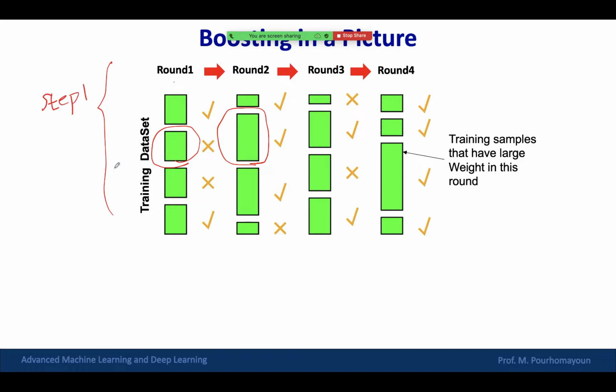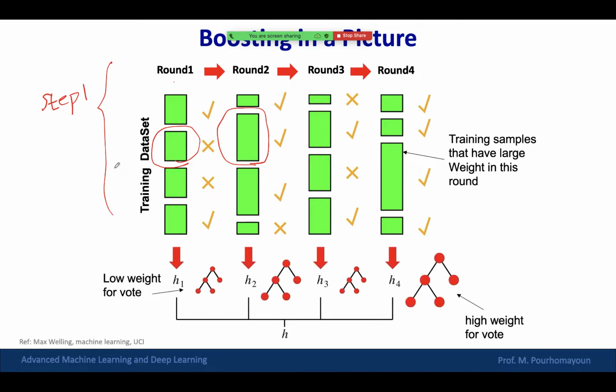All of these things were step one of this boosting method, and after that, it is time for step 2, which is voting. Voting, as you see, is weighted based on the detection results. Look at this one: its accuracy is lower, so it gets a low weight for the voting.